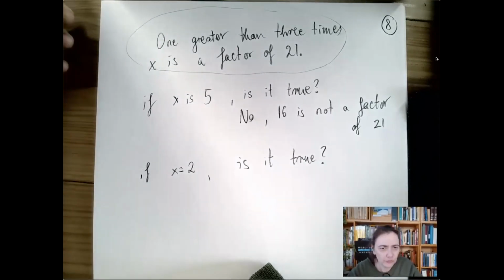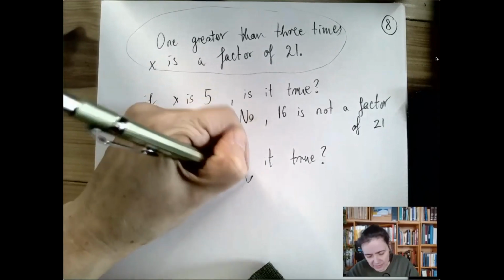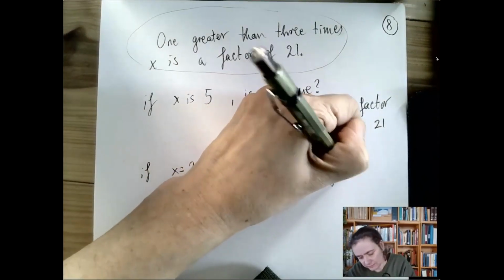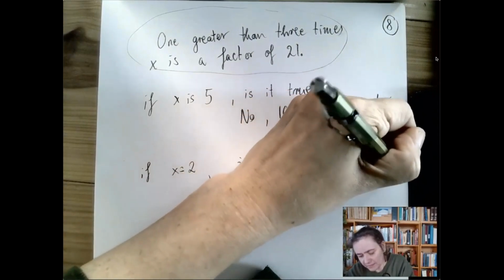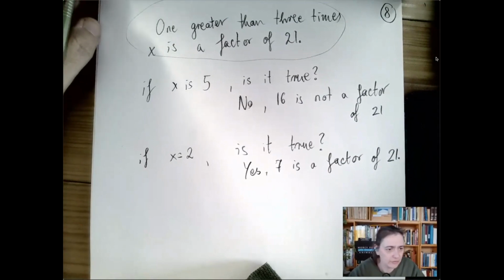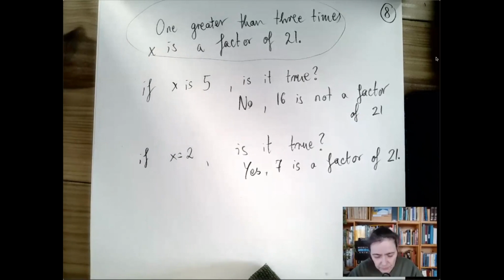The truth value, whether the statement is true or not, depends on conditions such as what is the value of x. So yes, 7 is a factor. In fact, there are 3 types of statements: the ones that are always true, the ones that are always false, and conditional. Most of the statements you will see are conditional.